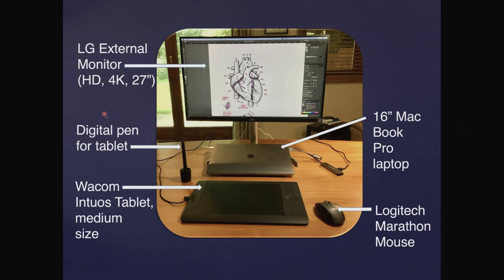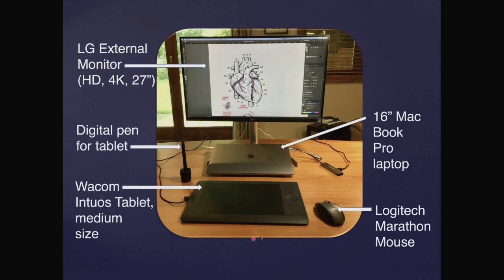Then if you notice over here, if we jump to the right-hand side, I have a 16-inch MacBook Pro laptop. You can see that closed right here. And then here's the digital pen for the tablet, and that's shown right here, sitting in a holder. Then this right over here is my drawing tablet.